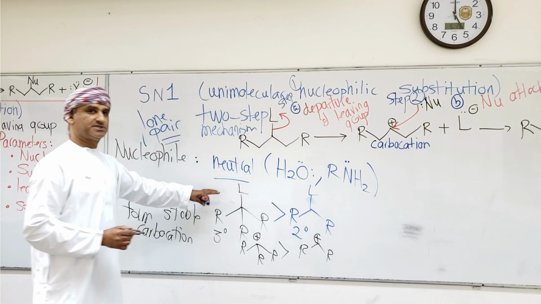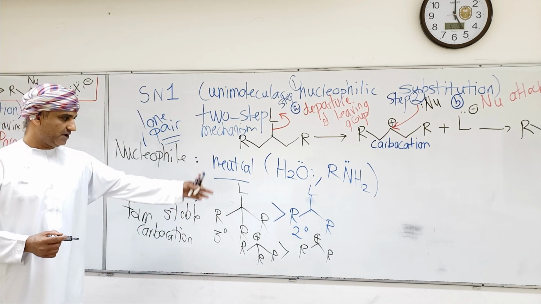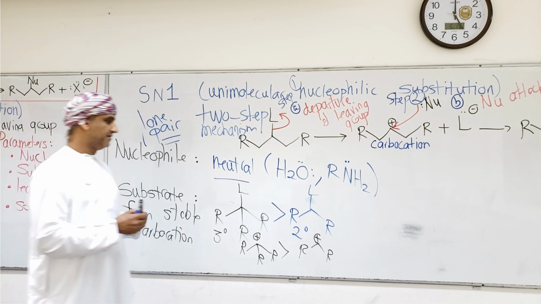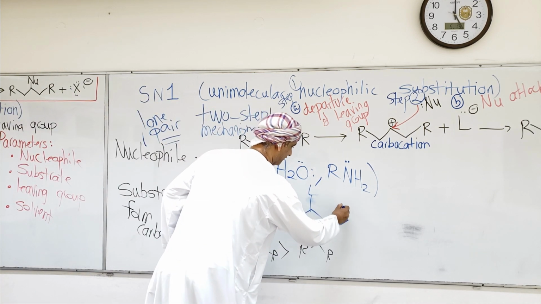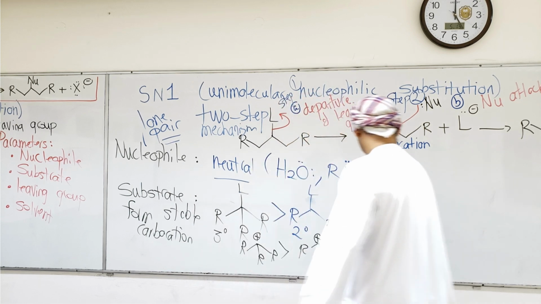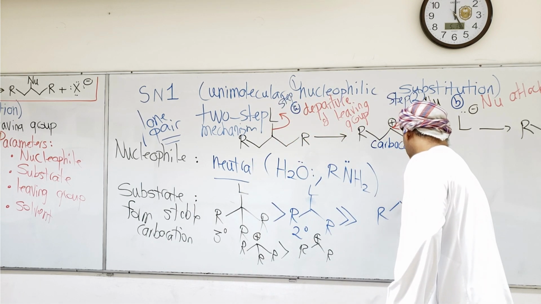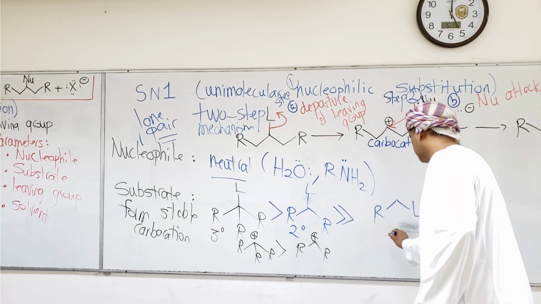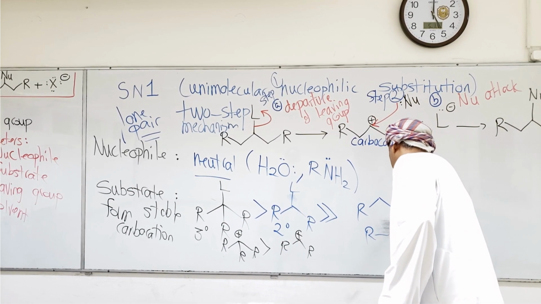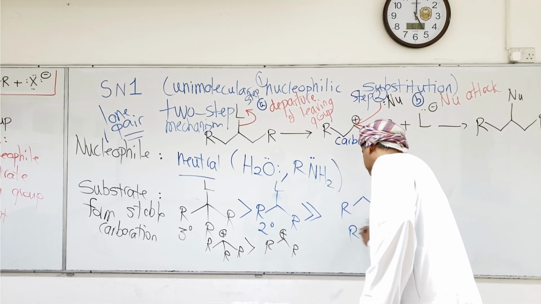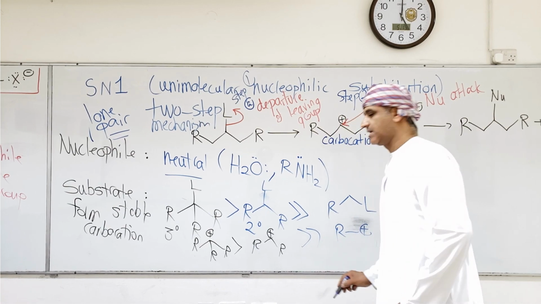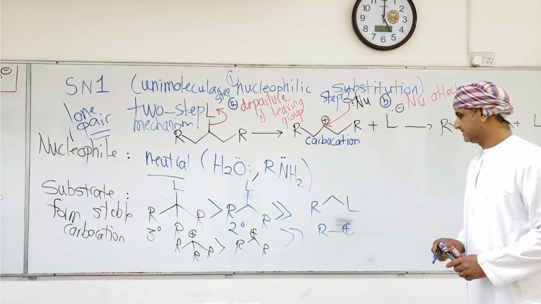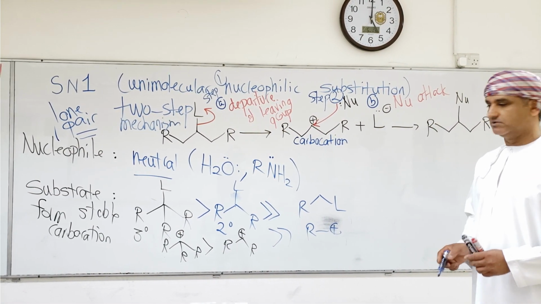So tertiary substrate is the most reactive, followed by the secondary substrate, and this would be much higher reactivity than the primary substrate, because primary carbocations are not very stable, or if you like, not as stable as secondary carbocations or tertiary carbocations. And of course, the methyl cations will be the least reactive.